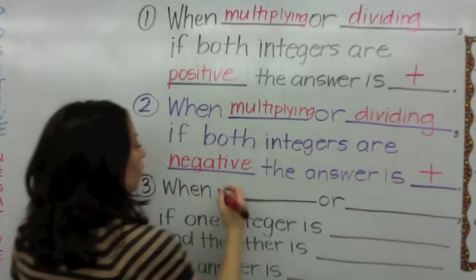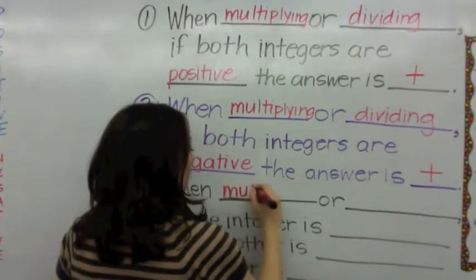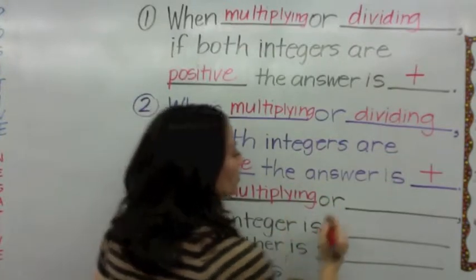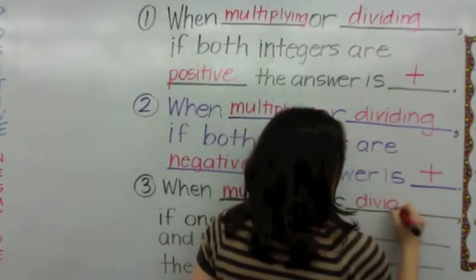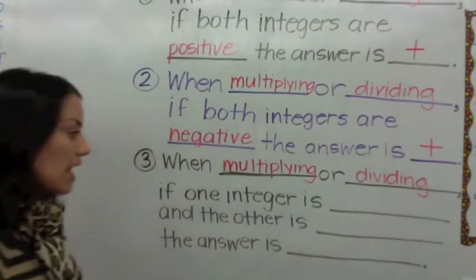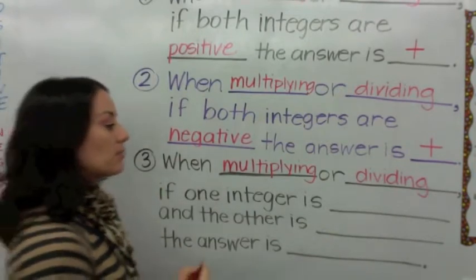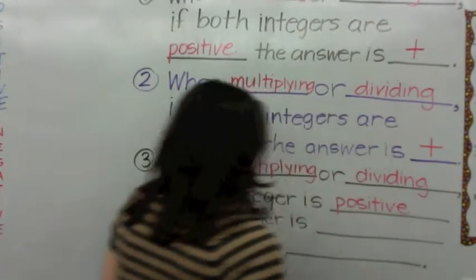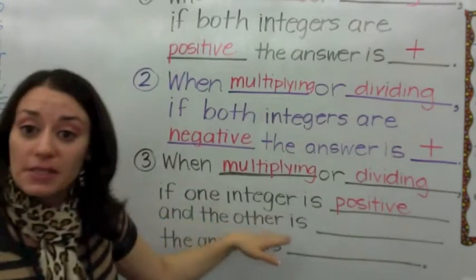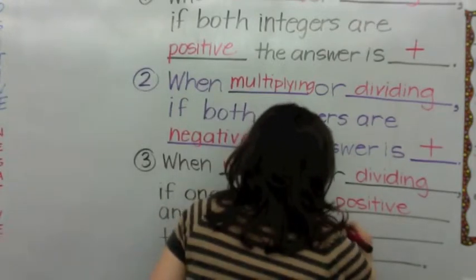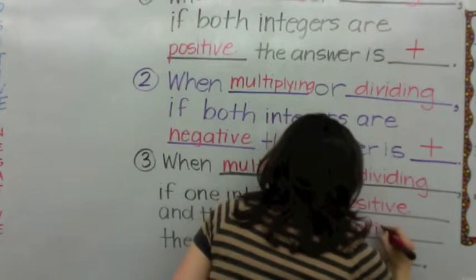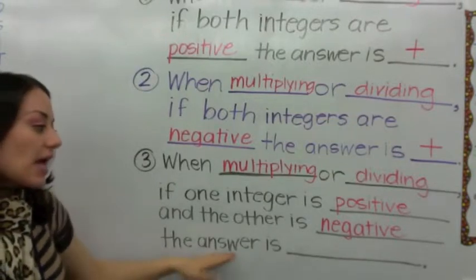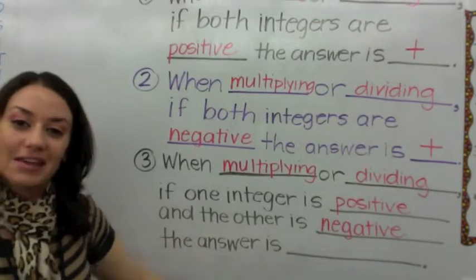So when multiplying or dividing, if one integer is positive and the other integer is the opposite, negative, then the answer is negative.